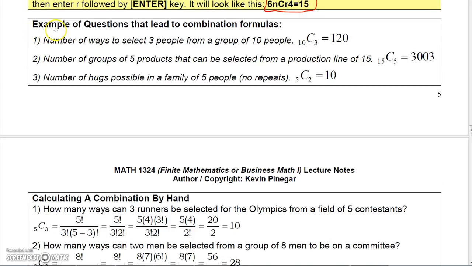Each of these questions below leads to combinations for 2 reasons. Number 1, repetition would not make sense. And number 2, the order does not matter. So how many ways could you select 3 people from a group of 10? Basically this is like picking a 3-person committee.